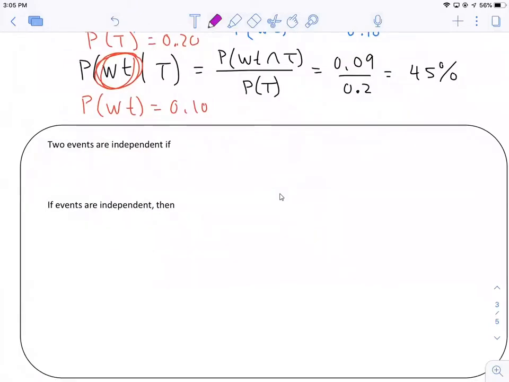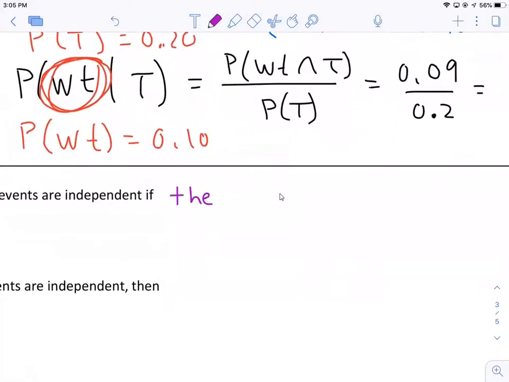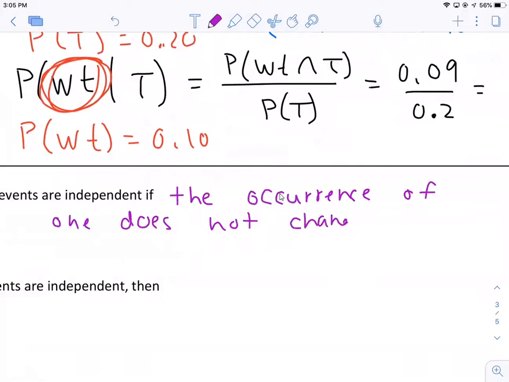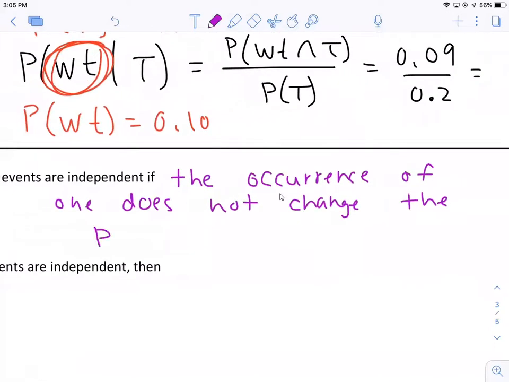So if two events are independent, then the occurrence of one does not change the probability of the other occurring.